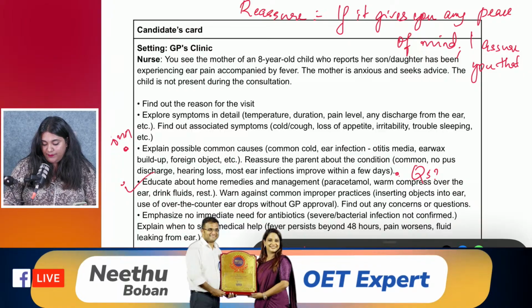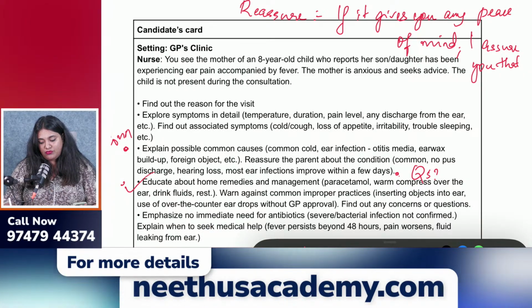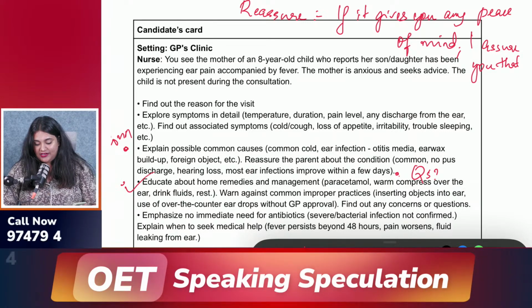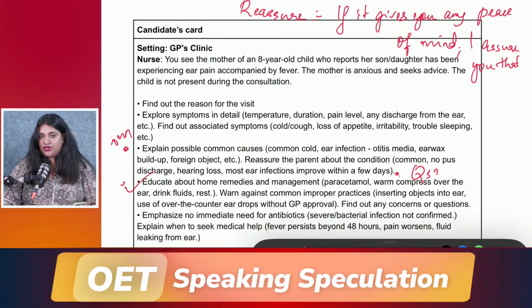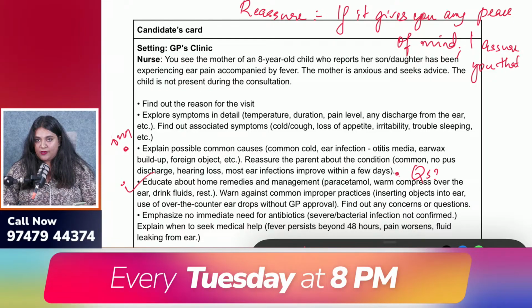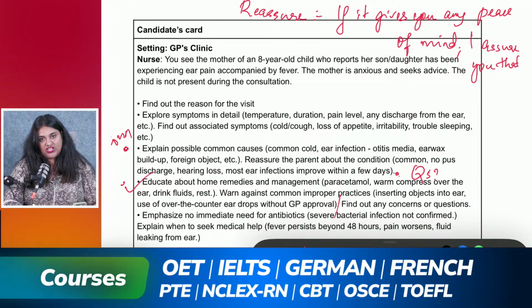At the same time, it is important that you monitor her from putting any objects inside her ear, and please do not use any over-the-counter ear drops without talking to the GP first. So I hope you will take care of these. Is that clear to you? And that point is done till here.